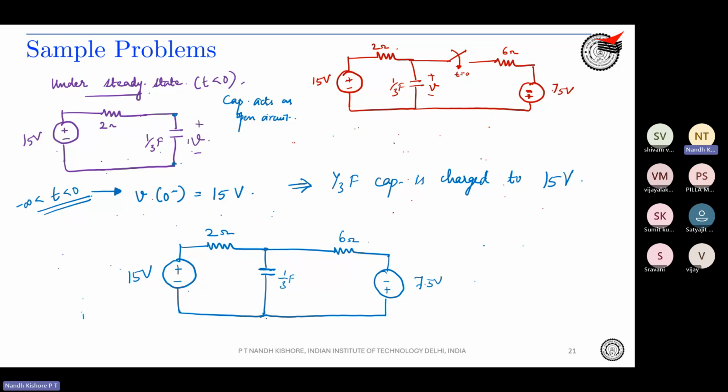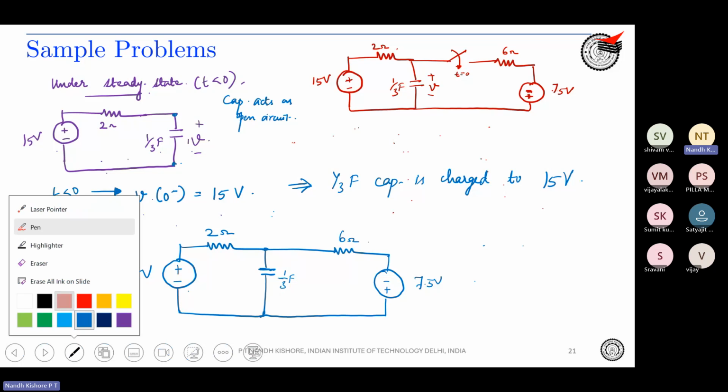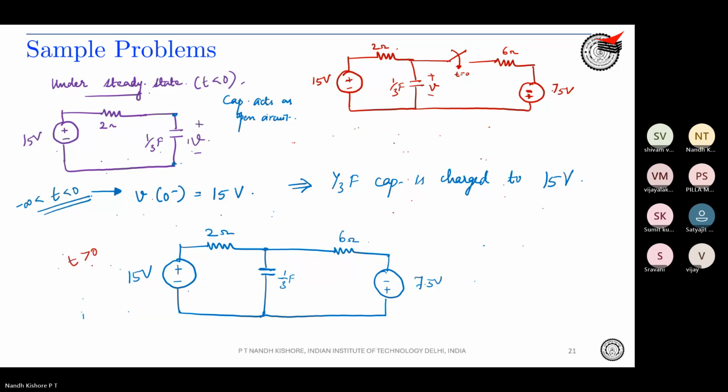Okay, this is for t more than 0. And we want to see what is the voltage over here. And you know that the capacitor is charged to 15 volts. We have to find out what would be the expression for V first.